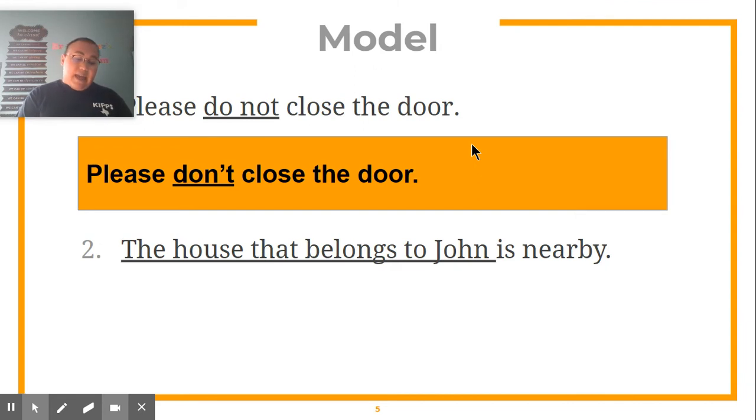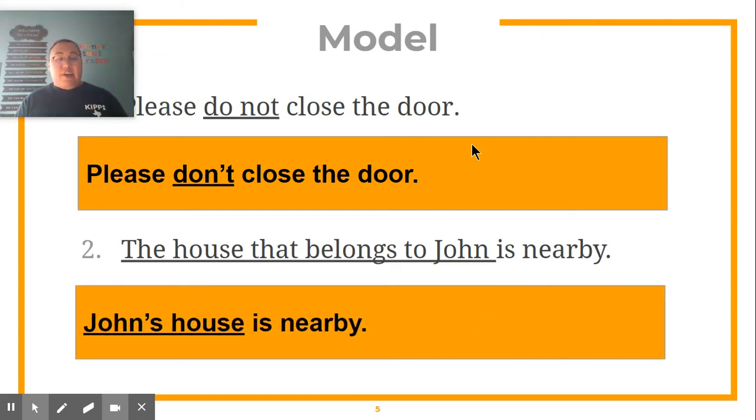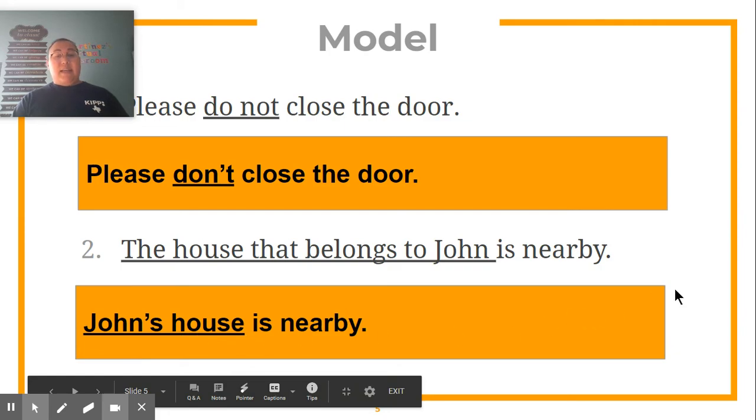I'm going to say John apostrophe S, John's house is nearby. So you're rewriting the part that is underlined to show the possessive. Once I've written it on my piece of paper, I'm able to type it here in the Google form. So, John's house is nearby.